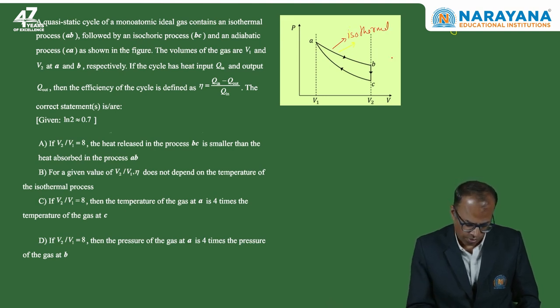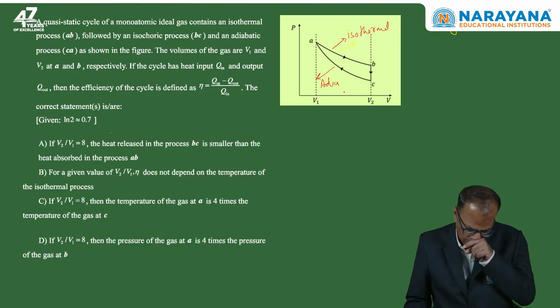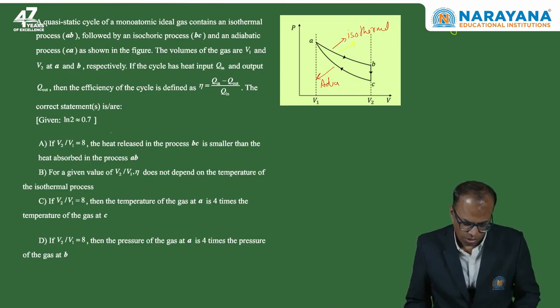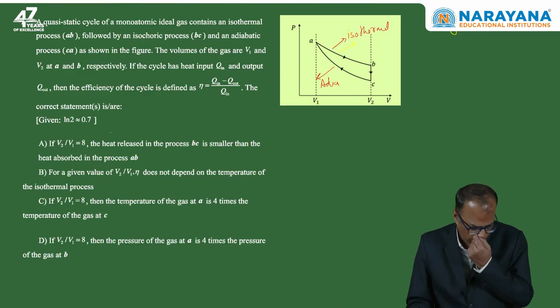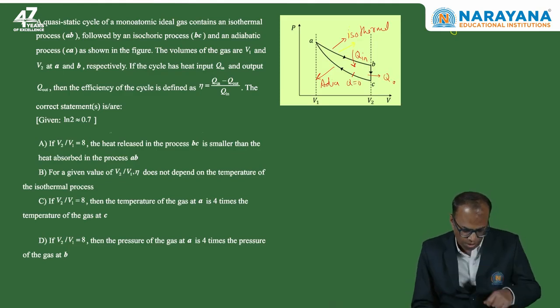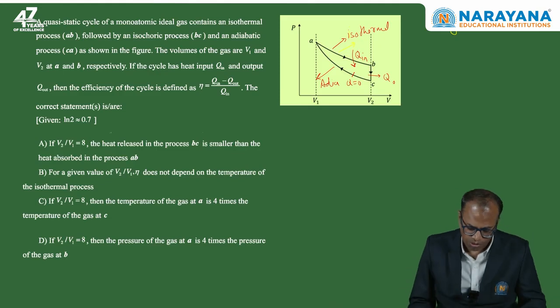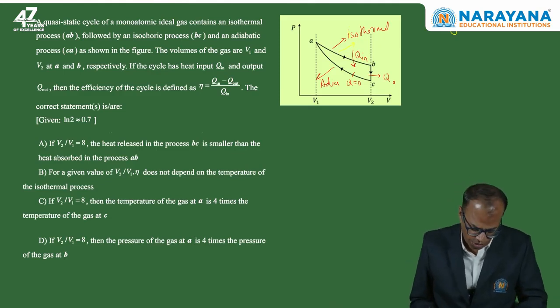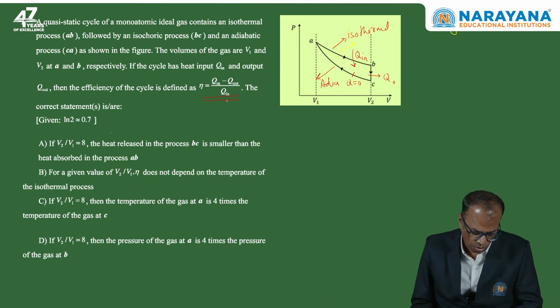Then we have an adiabatic process. And then, okay, so the cycle has heat input Q in. So obviously the heat input will be here in the expansion, because here Q is 0, and this must be the point where heat is being rejected. Okay, the question looks like a difficult one. Efficiency defined as this: Q in minus Q out, ln 2 values given.